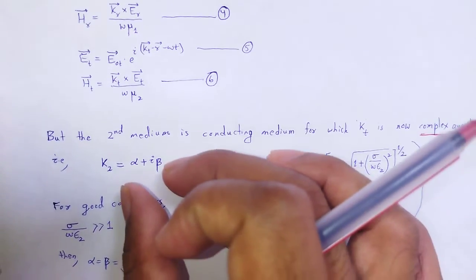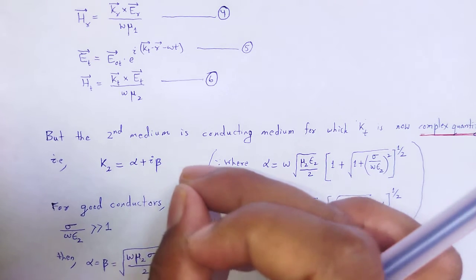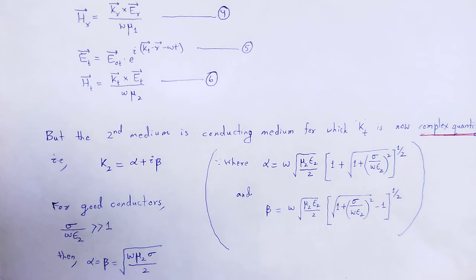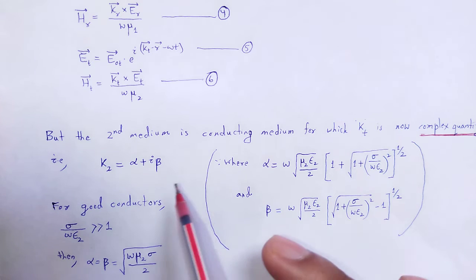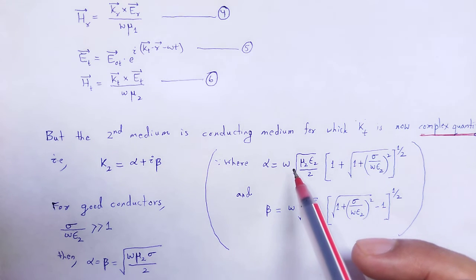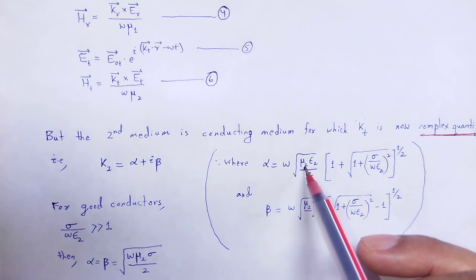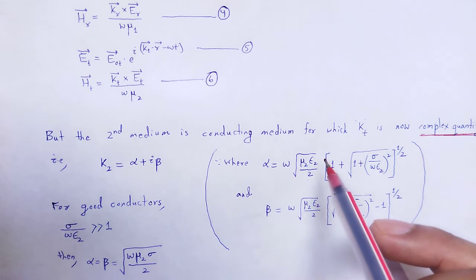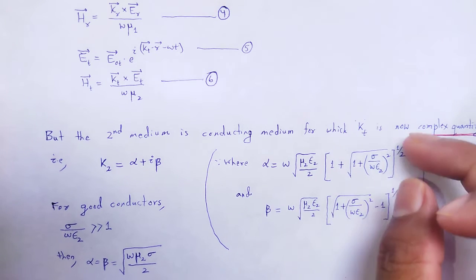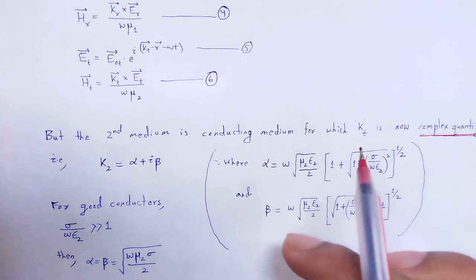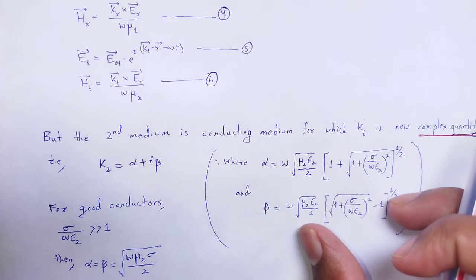It is a complex quantity, that is alpha plus i beta. We have already derived these expressions in the section named electromagnetic wave in conducting medium. So, the value of alpha is omega mu 2 epsilon 2 divided by 2 under root 1 plus that under root, next beta, this one.